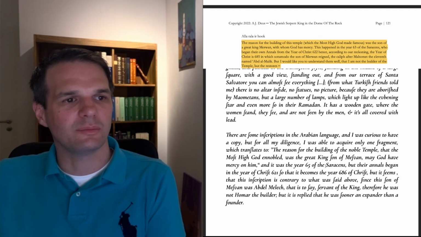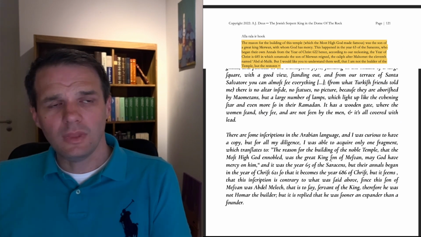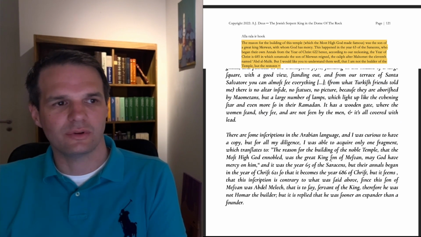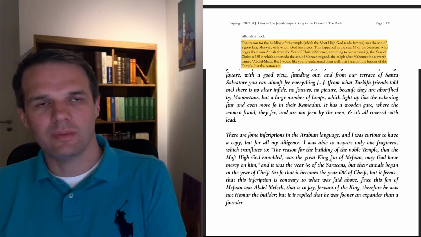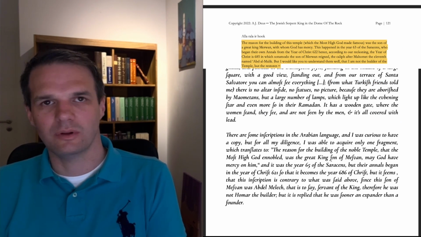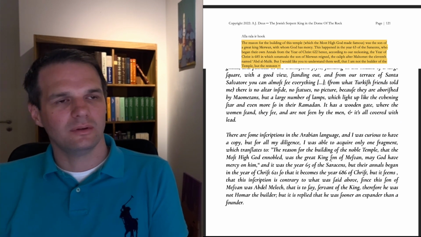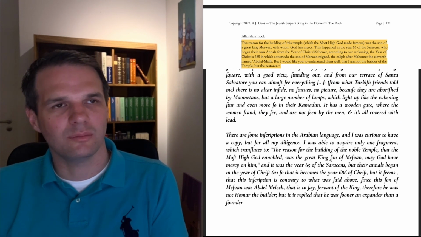Although it doesn't even mention al-malik by name, it just says son of Marwan. So where did he get this from? Who knows? This seems like a second-degree hearsay, at least. So presumably somebody who vaguely remembered the inscription told him what it said from his memory, and this was then mixed with whatever else he knew.